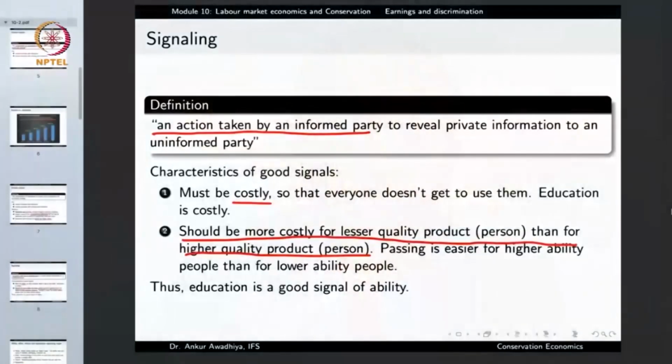So it does not work as a signal. So signaling should be something that is costly, and this cost should be different for people with different abilities. And because education is both costly and has a differential costing for people with higher and lower abilities, it acts as a very good signal.